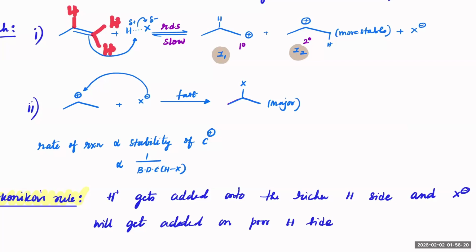In an unsymmetrical alkene, this part has a rich number of hydrogens, and the new hydrogen is adding on to the same position. If the hydrogen adds on to the rich position and a carbocation forms on the poor position, then we say it is following Markovnikov's rule. But if hydrogen is added on the poor side and the positive charge comes on the rich side of the carbon, then it is called following anti-Markovnikov's rule.